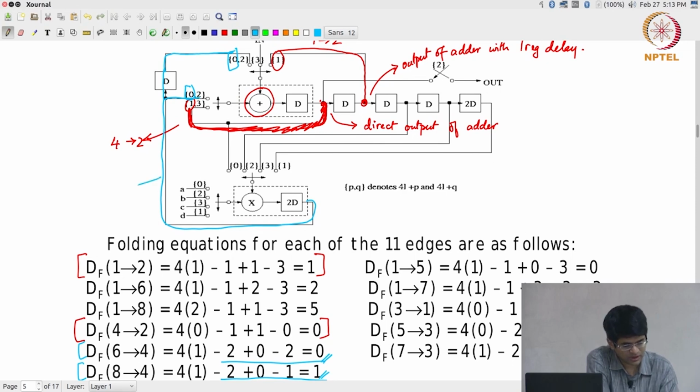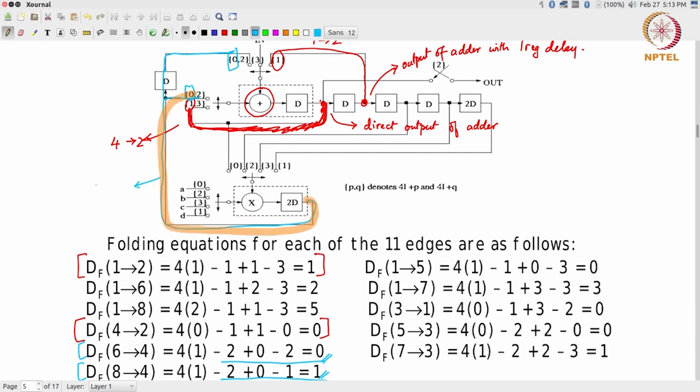So this, in other words, corresponds to the edge from 6 to 4 with df equal to 0, whereas this other one corresponds to the edge from 8 to 4 with df equal to 1.